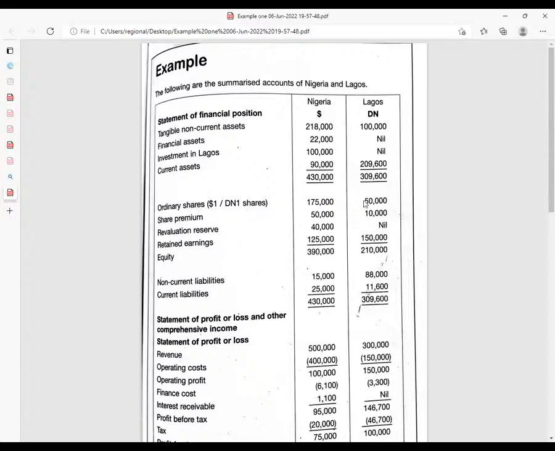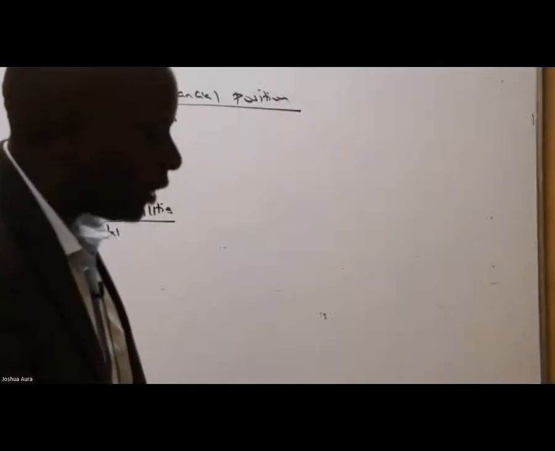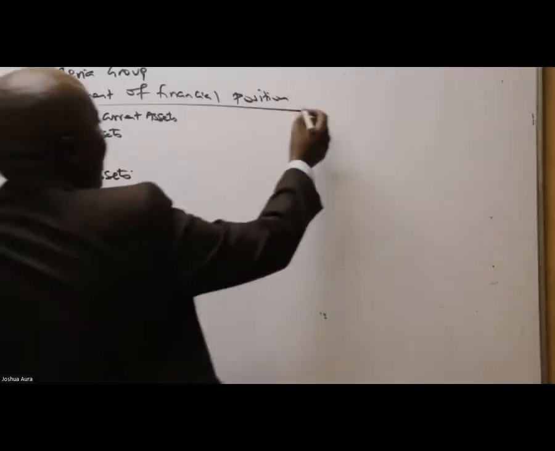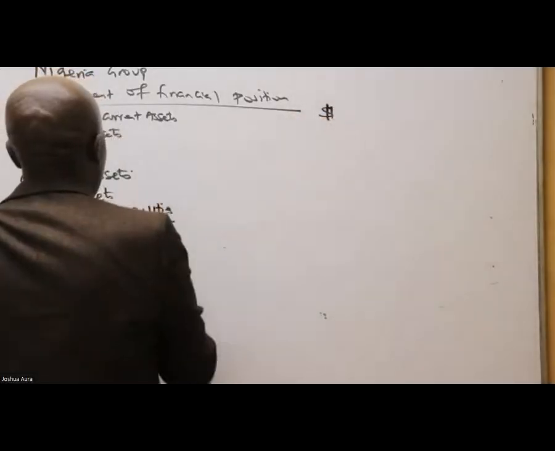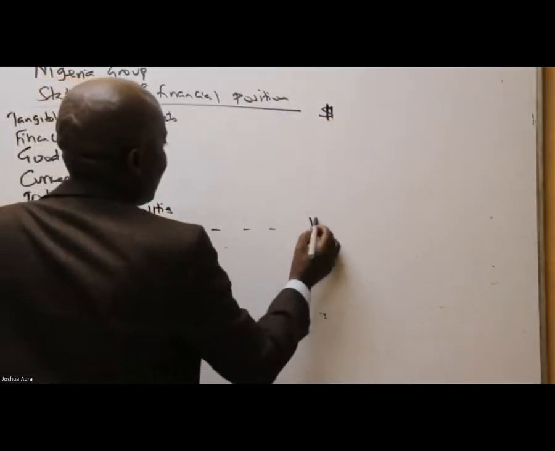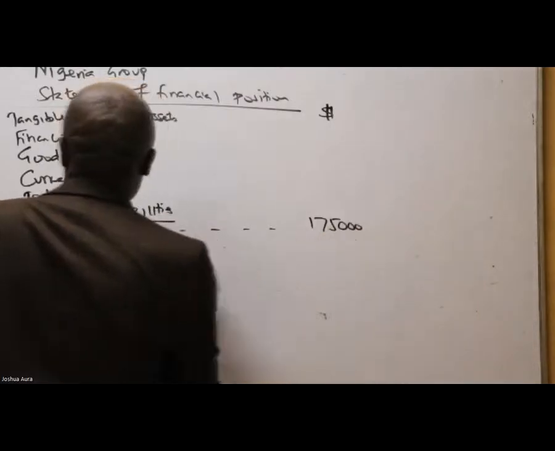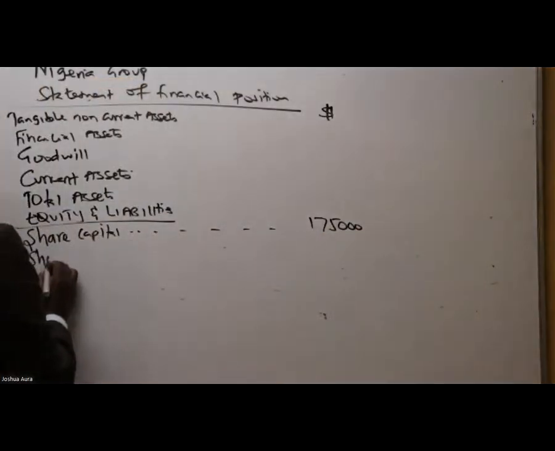You ignore the one of the subsidiary. So for share capital, I'll simply come and pick 175,000.